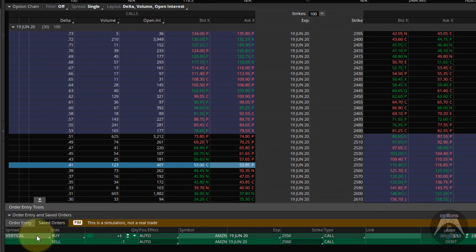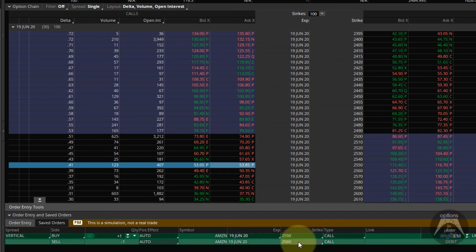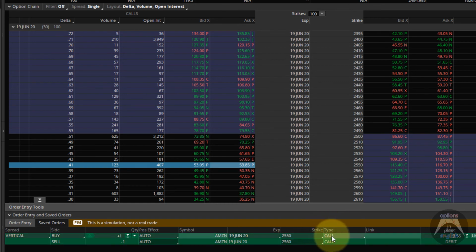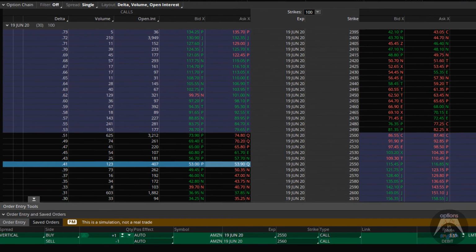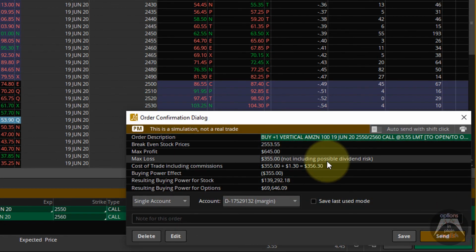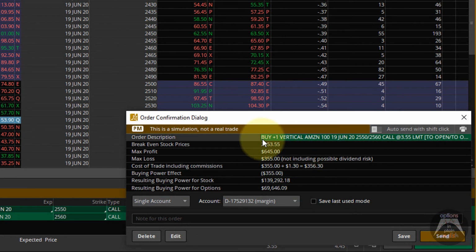We're buying a vertical, one contract of Amazon, and it's the June 2020 expiration, 2550/2560. This spread can only go to 10. So our max profit is going to be 10 minus 3.55 in this case, which is what we're paying for this spread. So if we open it up here, we can see this is the order.